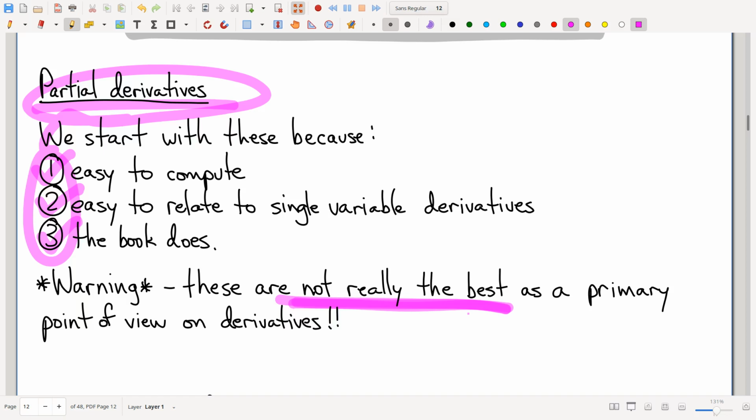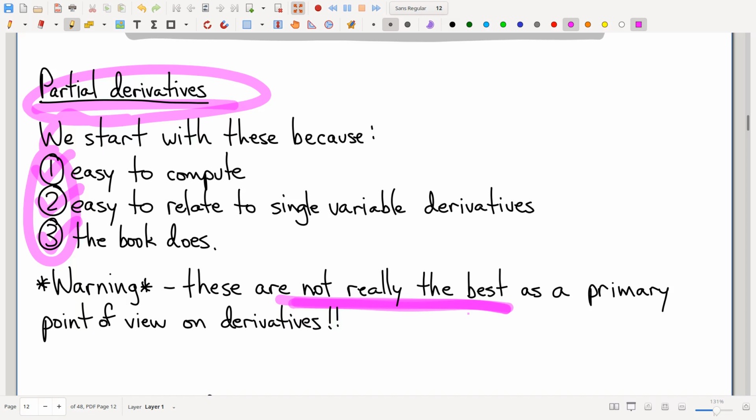And call it a hot take if you want, but I don't think partial derivatives are the fundamentally most natural, best way to think about multivariable derivatives. I think they're a convenient algebraic tool, and ultimately not where you should hang your hat.